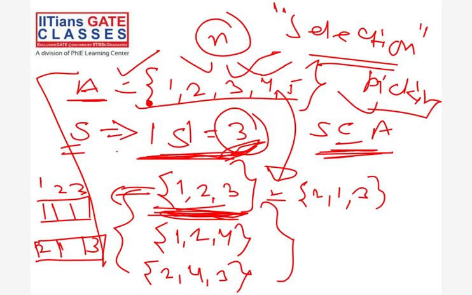Now our task is to see how many combinations are possible. Remember, in the permutation problem, what were we doing?